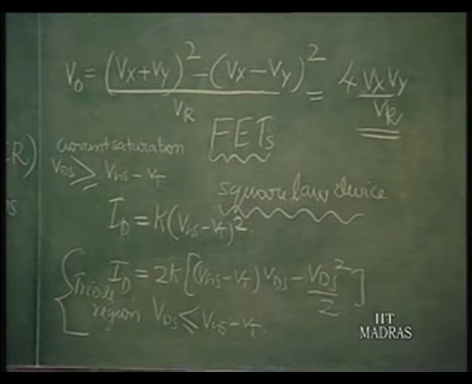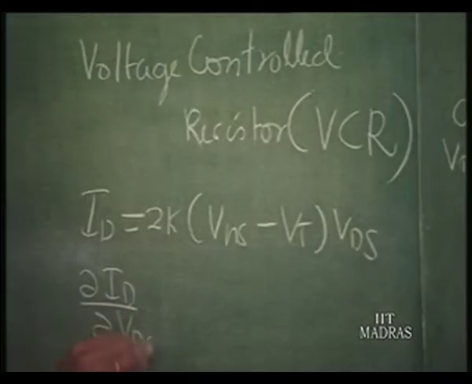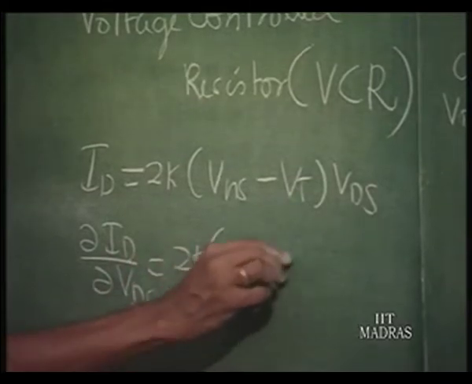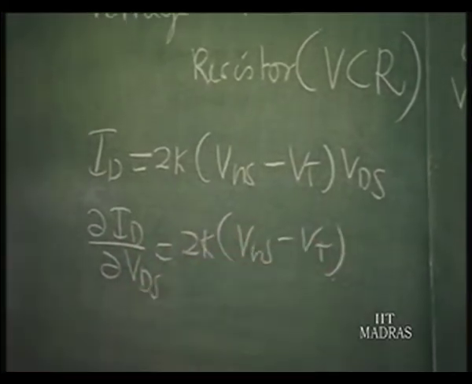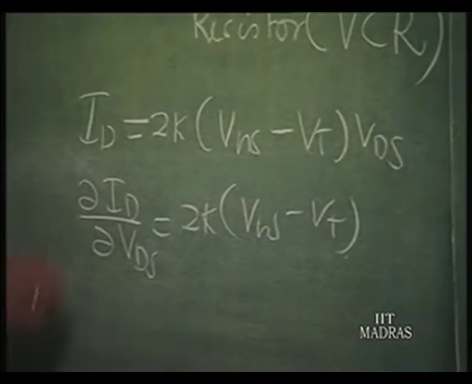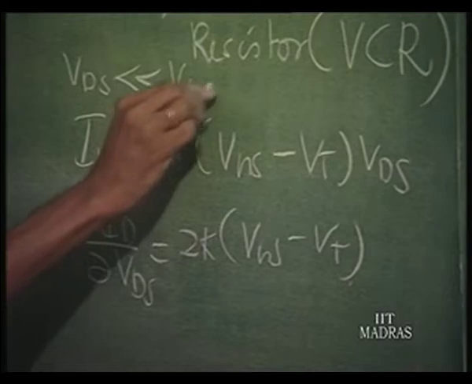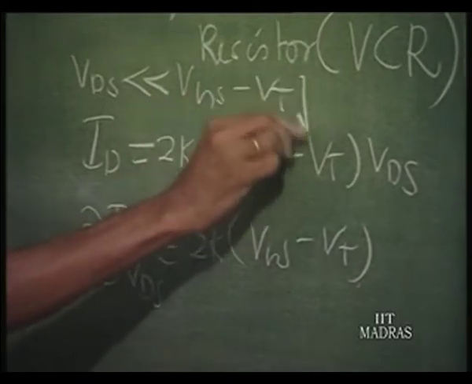I can ignore VDS squared by 2 and say that it is a linear relationship between ID and VDS, or delta ID by delta VDS is nothing but 2k into (VGS minus VT). For VDS much less than VGS minus VT, this is valid.